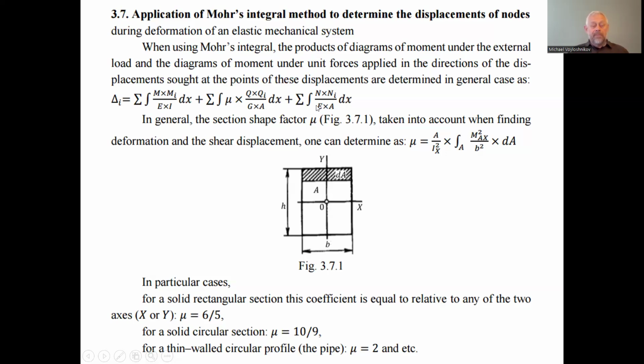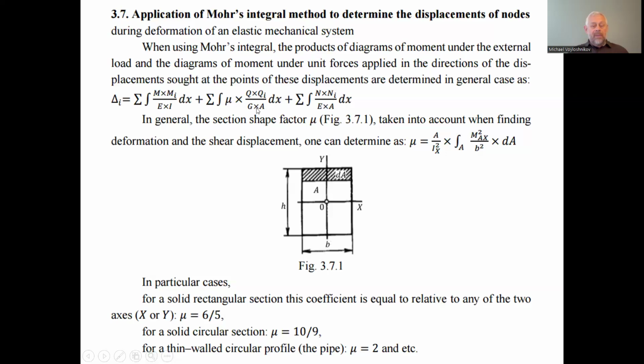Considering any assigned issue, usually we can adopt just one or maybe two summands, usually one. For frames, for example, we adopt the first summand, because the deformation under the action of bending moments is usually much bigger than the deformation under the influence of shearing forces and normal forces.